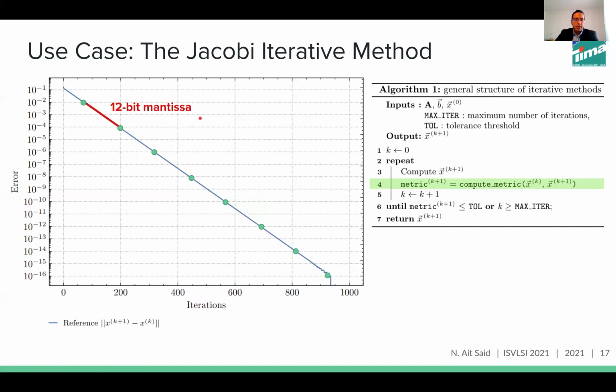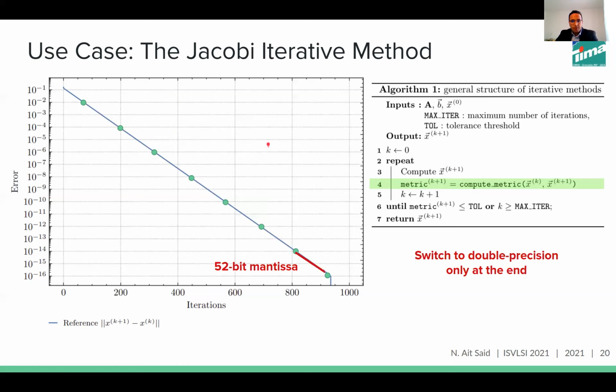So, for example, to a 12-bit mantissa, then maybe to 16, and so on and so forth, gradually until convergence. And when we approach convergence, we can then switch to full precision, which is a 52-bit mantissa, in order to refine the final results.